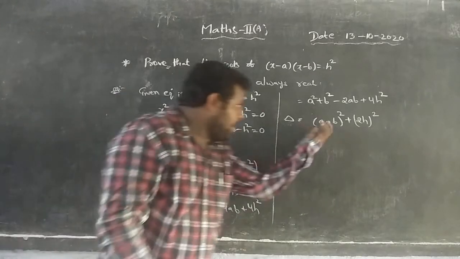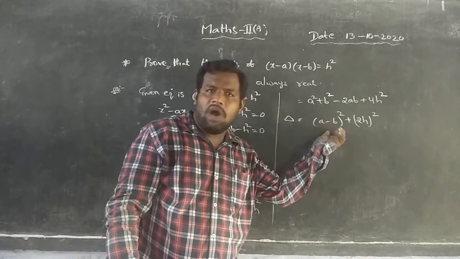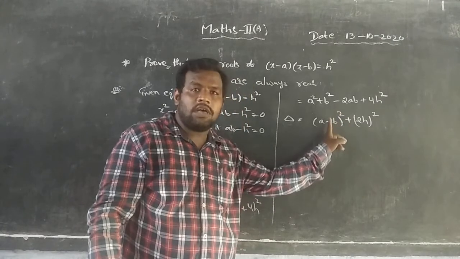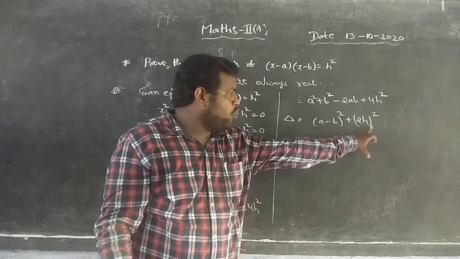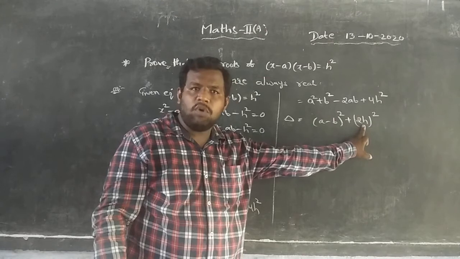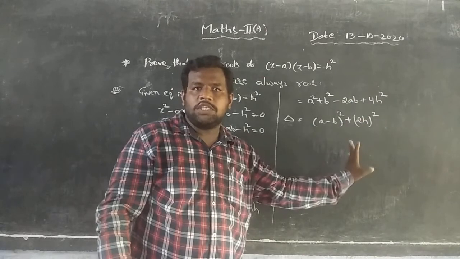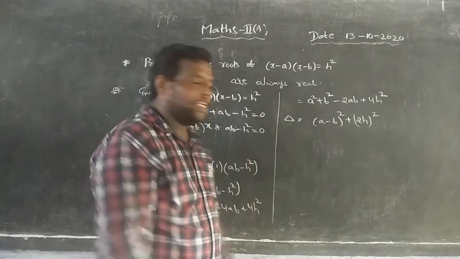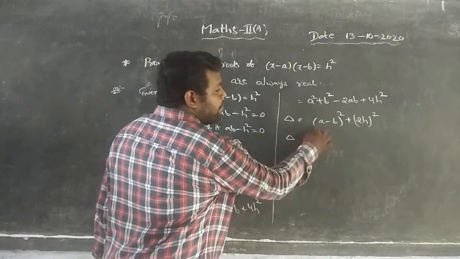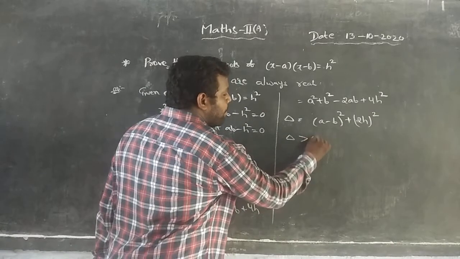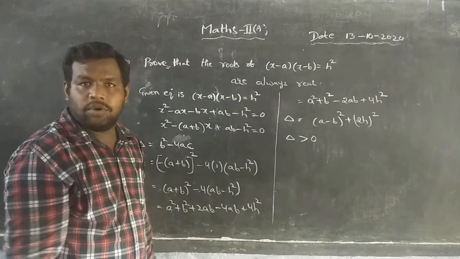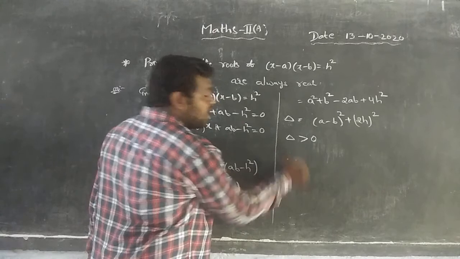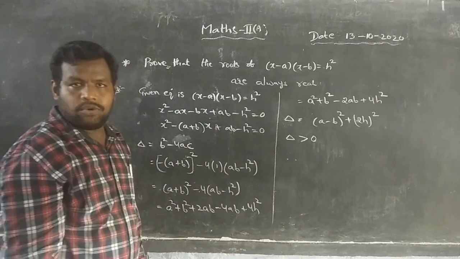Okay, if a − b is either positive or negative, the whole square is always positive. 2h is either positive or negative, this value is also positive. Positive plus positive is always positive. So delta, this total value is always positive, meaning greater than 0. If delta is greater than 0, then the roots are real roots.